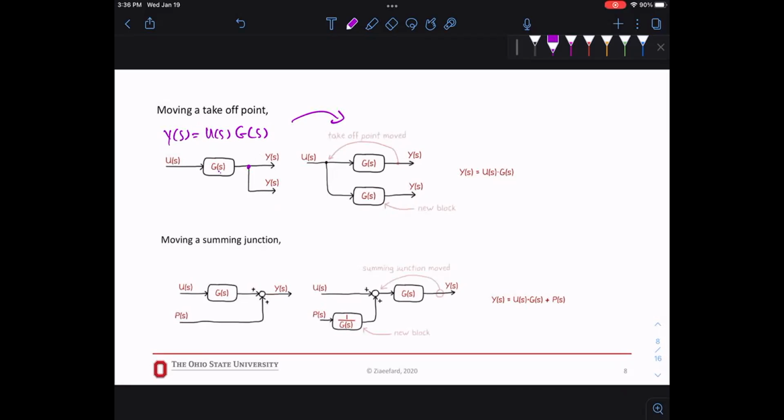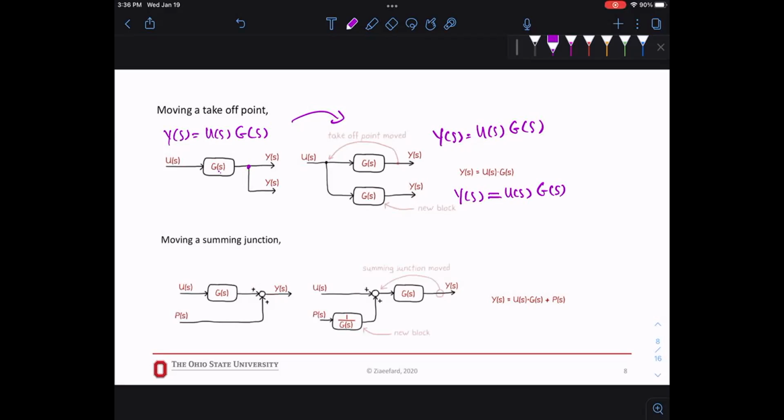So you see here, Y(s) is U(s)G(s), that was fine. Now in this new one, your Y(s) is again U(s)G(s), right? So this operation that we did has to hold the value of our output, so same transfer function, same value for our signal.